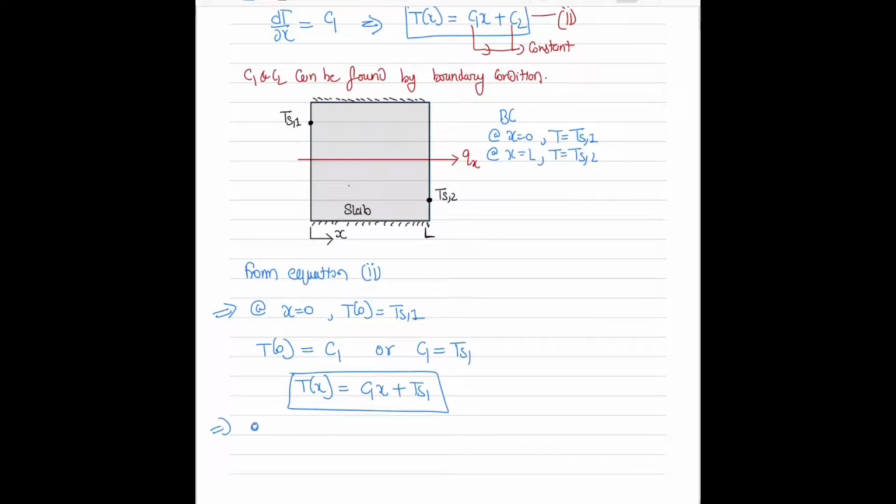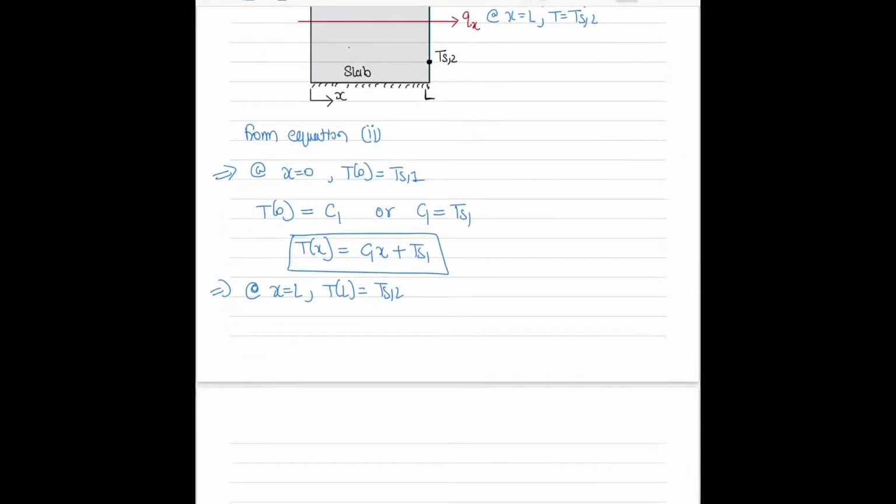Now substituting another boundary condition at x equal to L, that is T at x equal to L equal to Ts2. Now we will get T of L equal to C1L plus Ts1, and we can write temperature at L minus Ts1 divided by L equal to C1.